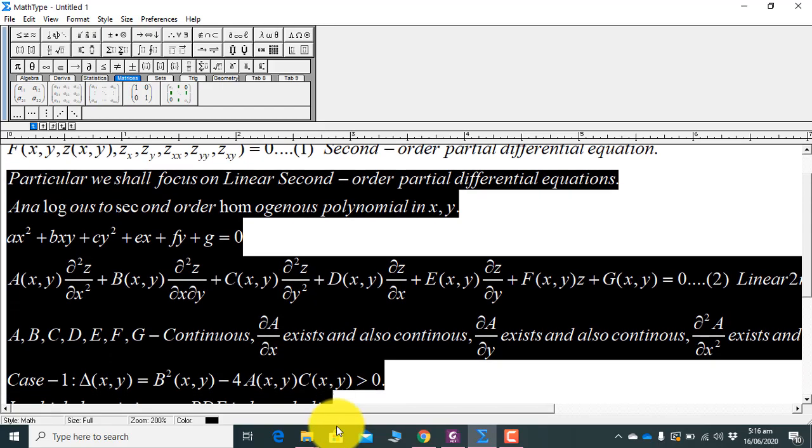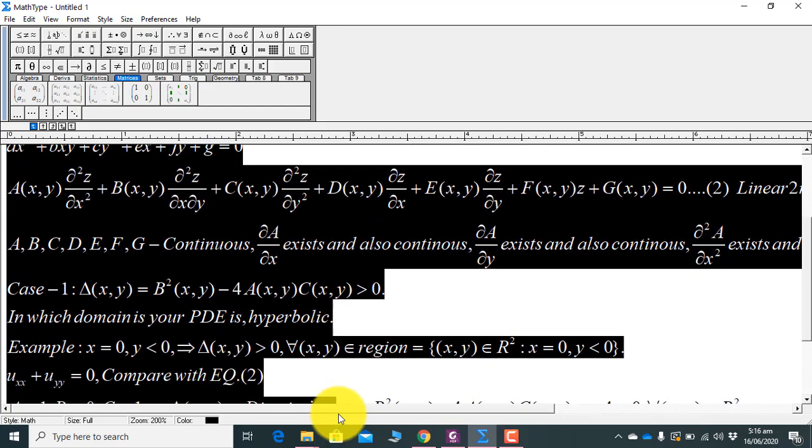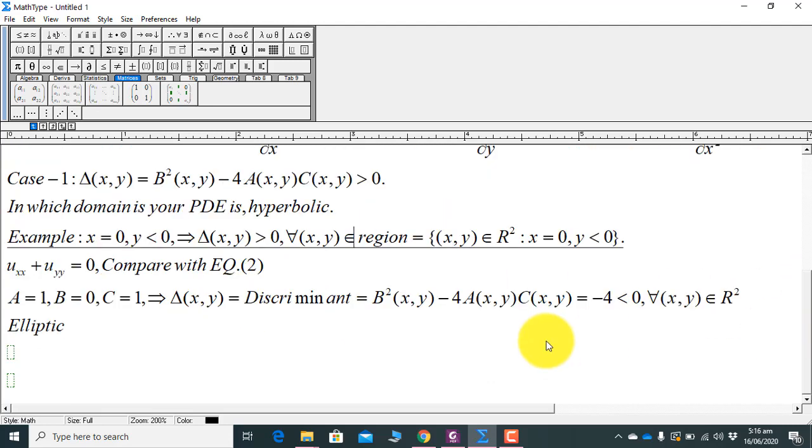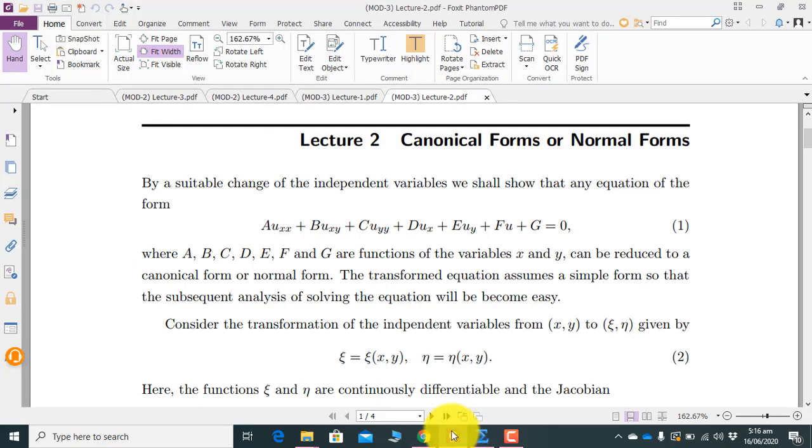We also had studied the material regarding parabolic, elliptic and hyperbolic partial differential equations, and from there we will continue our study and we will try to transform the partial differential equation into some convenient form which is known as canonical form or simplest form. It is also known as normal form.